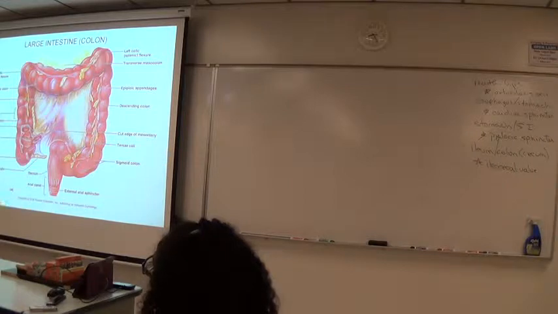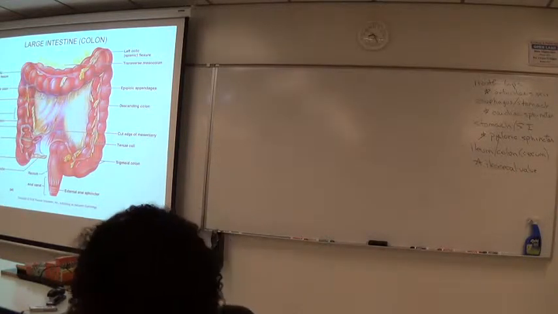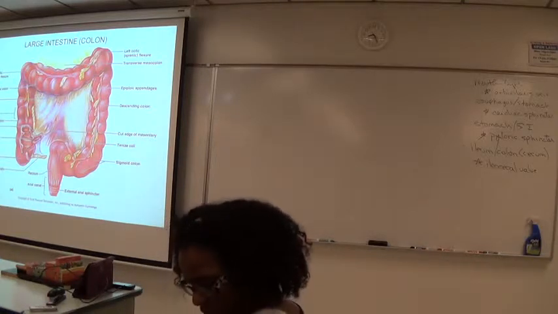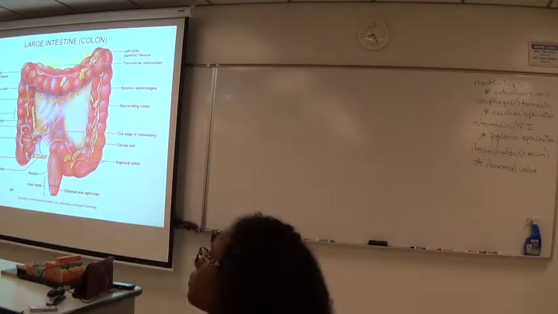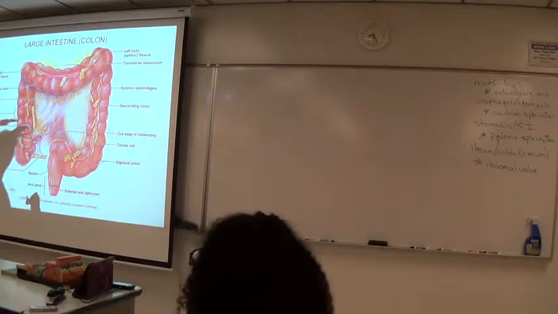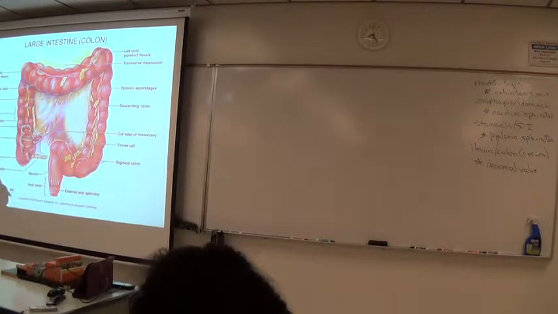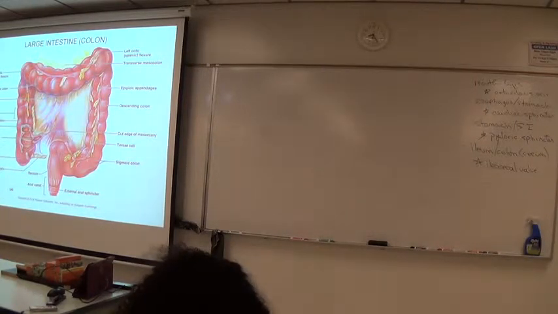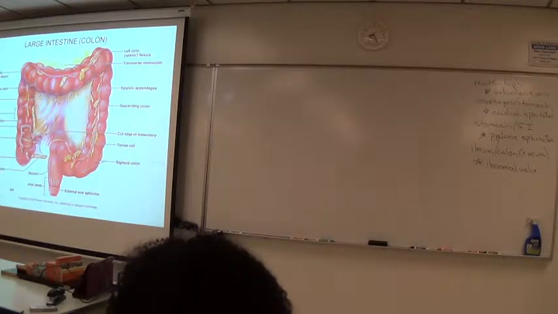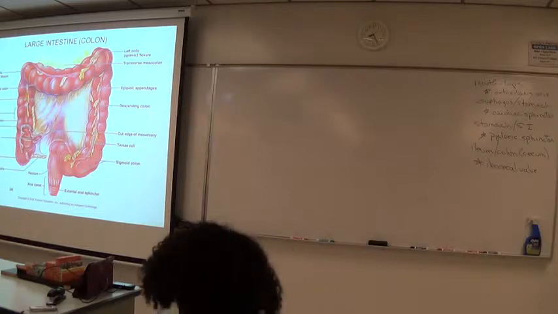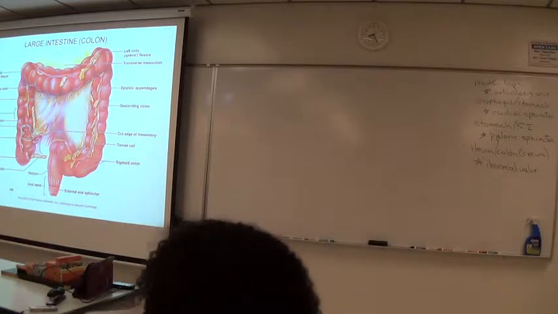While you're looking at it, I haven't talked about it yet, but I'm going to point it out now. You'll notice that the colon here has little pouches that you see in this pattern. Those are called haustra. And it's especially clear on the front. There's about a quarter inch band that you see posteriorly.